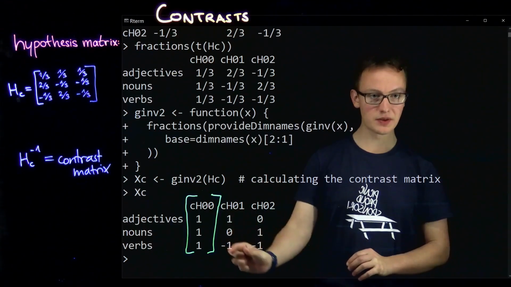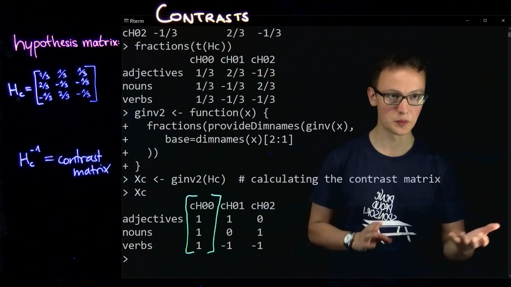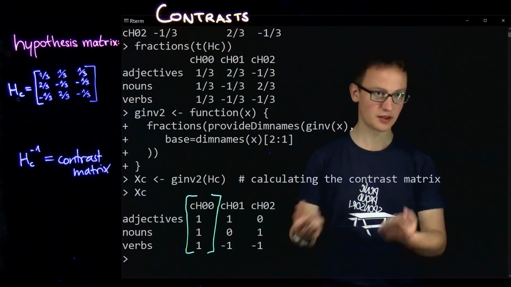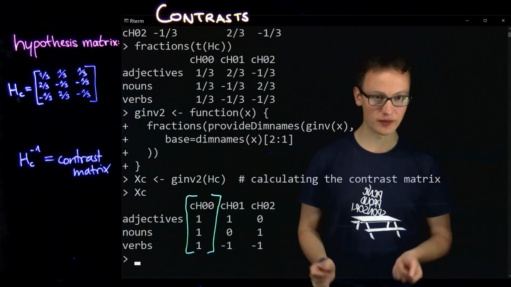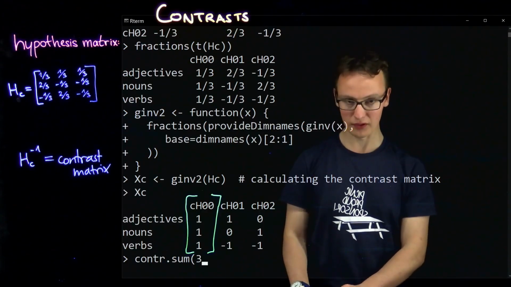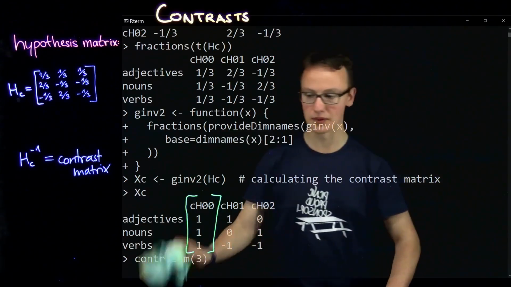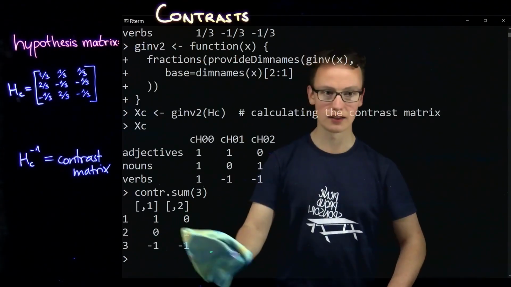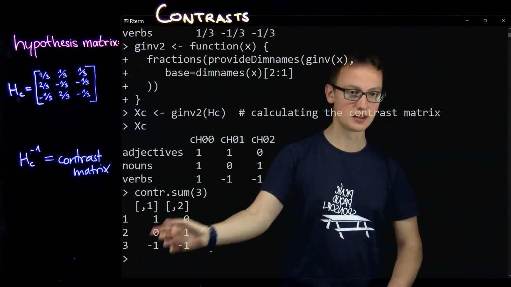And just to convince you that these two columns are in fact identical to what the contrast matrix for sum coding would be, if we try to get it from a default R function, we can do contrast sum for a three-level vector, and we will see that this is in fact the exact same result, save for the first column on the intercept, which is omitted here because it's trivial.